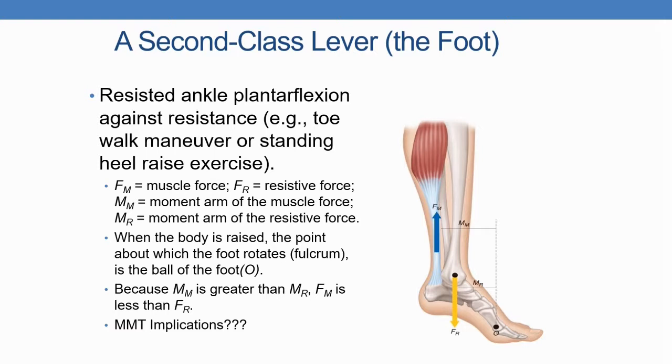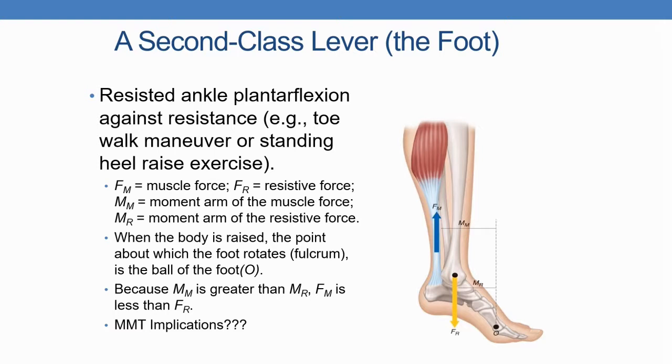Well, when the body is raised around the metatarsal phalangeal joint, the point about which the foot rotates, or the fulcrum, is the ball of the foot. And because the moment arm of the applied muscle force is much greater than the moment arm of the resisted force, the applied muscle force required to raise the body is much less than the actual resistive force.